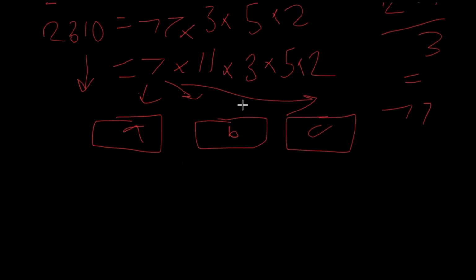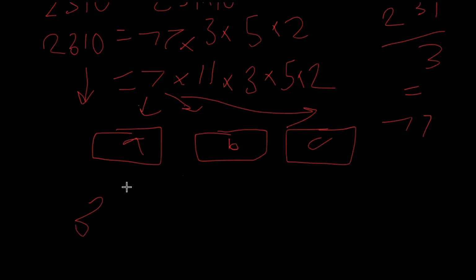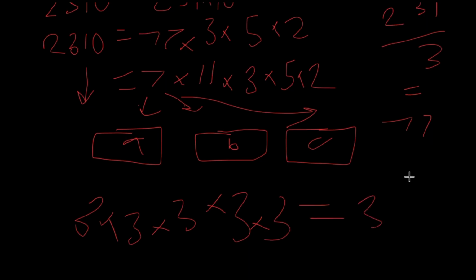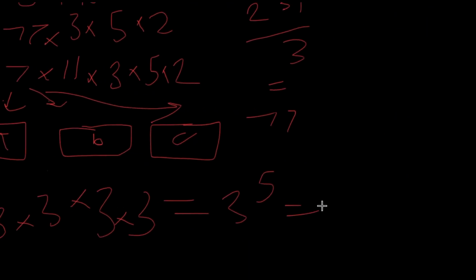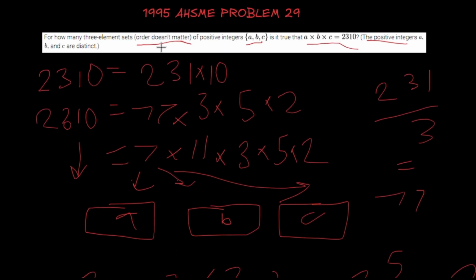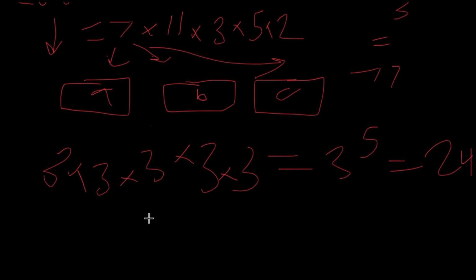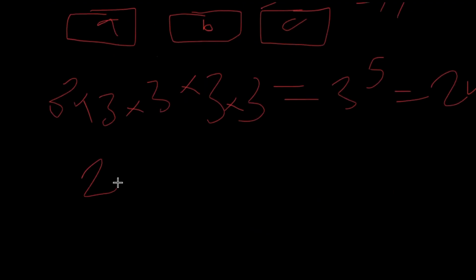Since we have 5 prime factors, that would be 3 times 3 times 3 times 3 times 3, which is 3 to the 5, also known as 243. Now, since order doesn't matter, we want to turn this from permutations into combinations.